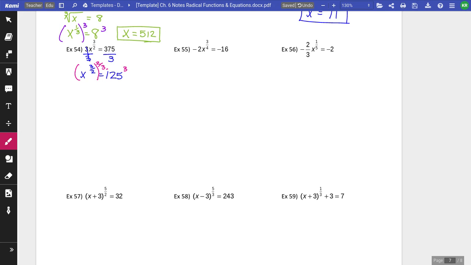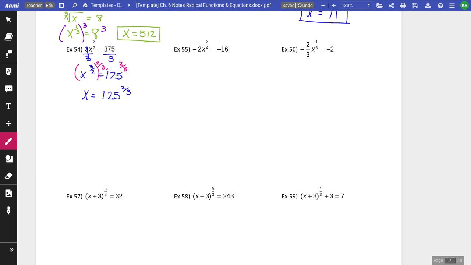Okay, so this becomes x, because power to a power, 3/2 times 2/3, that would be 6/6. That reduces to 1. So x equals 125 to the 2/3 power.